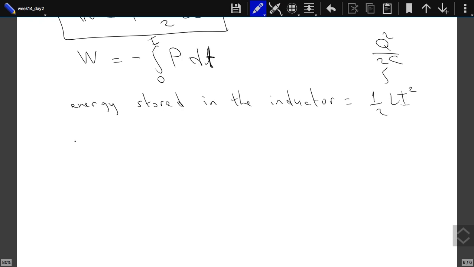So let's do that. First of all, let's start with the definition of the inductance. Phi is equal to L times I. On the left-hand side, phi is nothing but the integral of B dot dS.